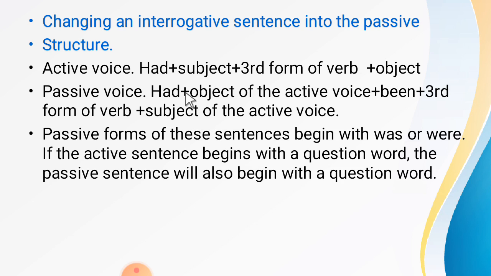In passive, we have had, then the object of the active sentence which becomes the subject here, then been, and the third form of the verb plus the subject of the active voice. Passive forms of those sentences do not begin with was or were, but with had. If the active sentence begins with a question word, the passive sentence also begins with a question word. Here it is not was or were, here it is only had, okay?